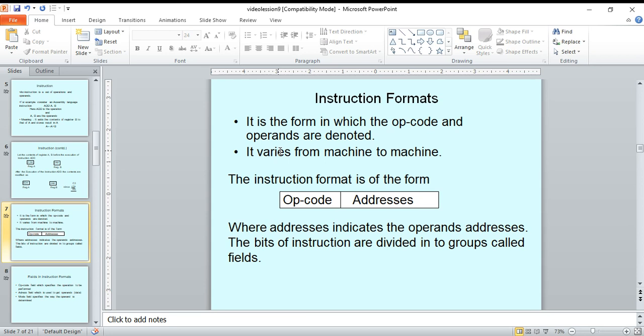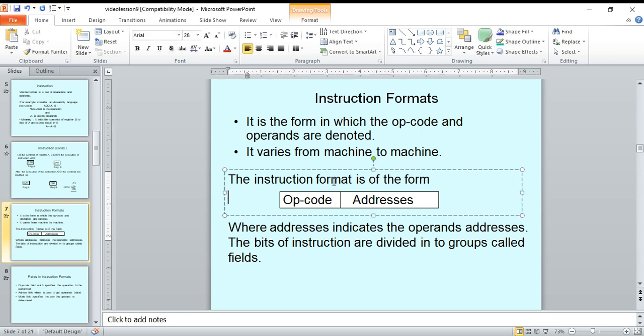Some machines use the two address instruction format, some machines use the three address instruction format, and some machines use the zero address instruction format. So instruction formats can vary from machine to machine.